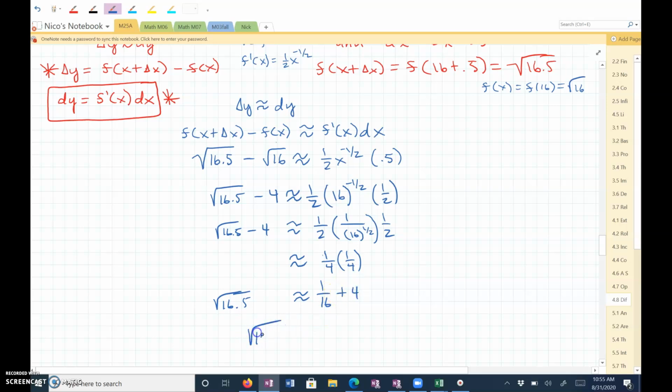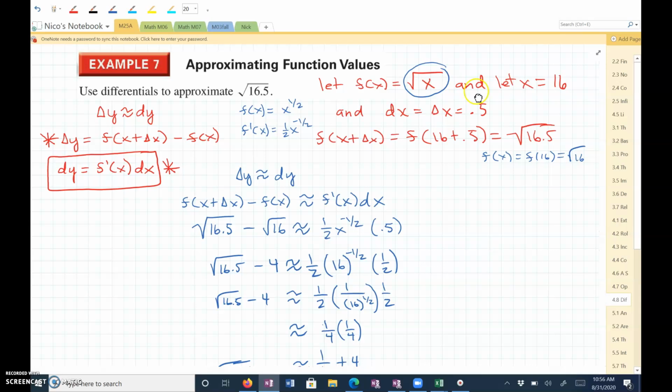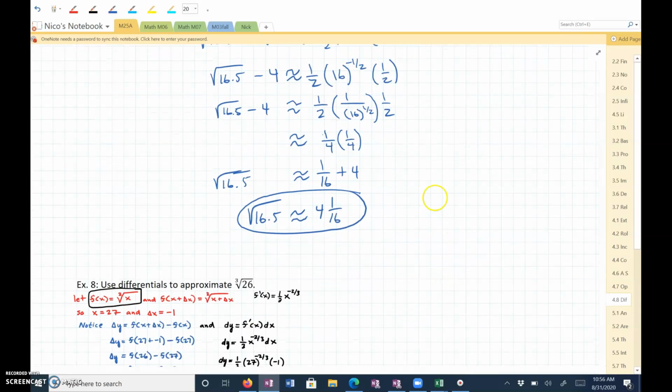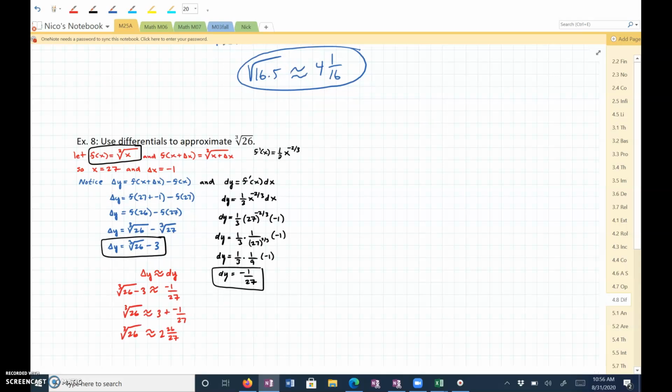So now, the square root of 16.5 is approximately 4 and 1/16. And that's a close estimation. It's not exactly the square root, but pretty close. And the smaller dx is, the better the approximation would be. Let's try another one of these.